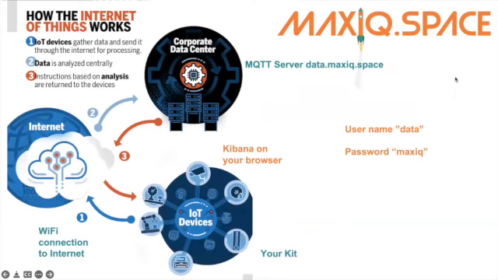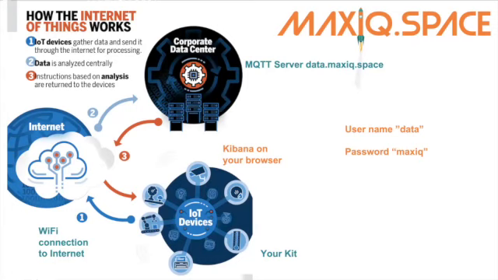So let's just have a look at how this whole thing fits together. With Internet of Things, you've got your things, where your data is being collected, wherever that may be out in an environment. So it's referred to as an IoT device. And step number one is that the IoT device communicates via the internet to some kind of a data center.